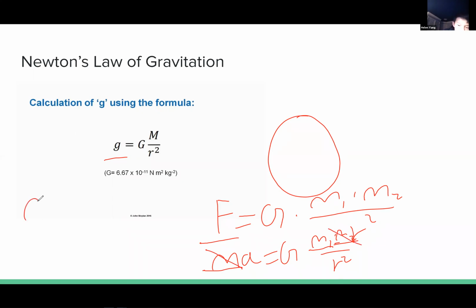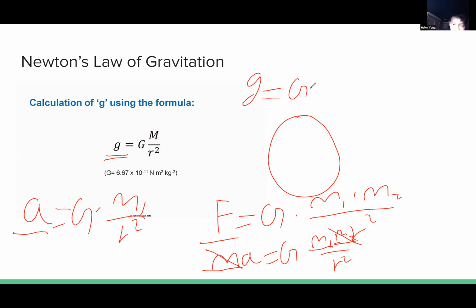So you'd be left with A is equal to G times M1 over R squared. And A would be just g, the acceleration due to gravity. So you would get g is equal to the gravitational constant times M over R squared.